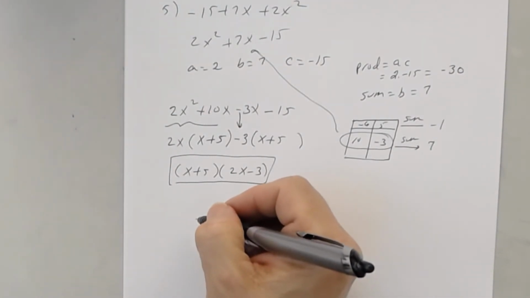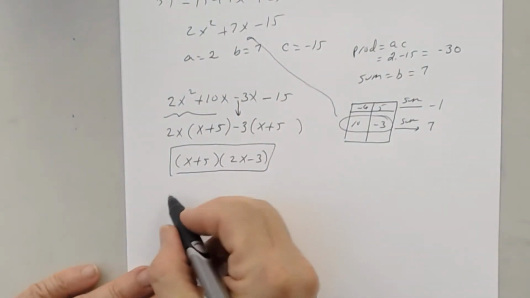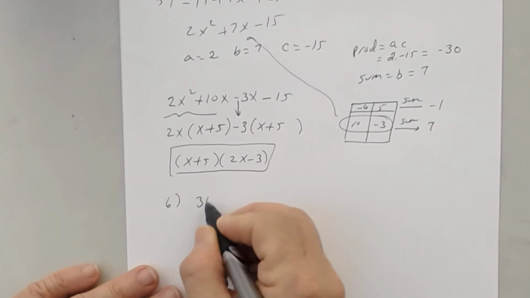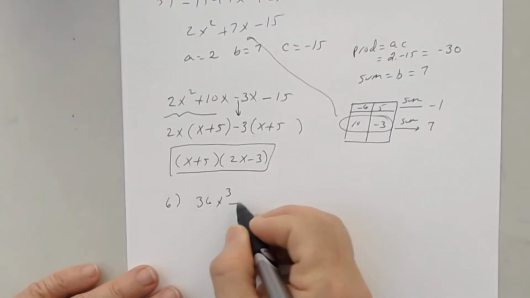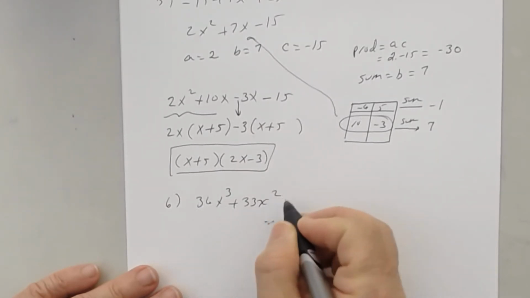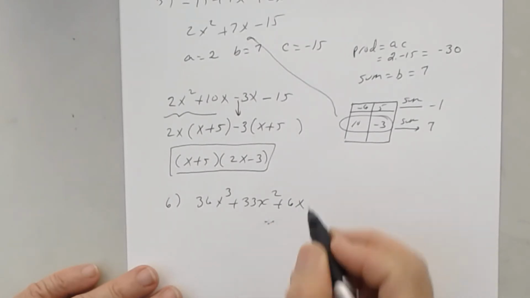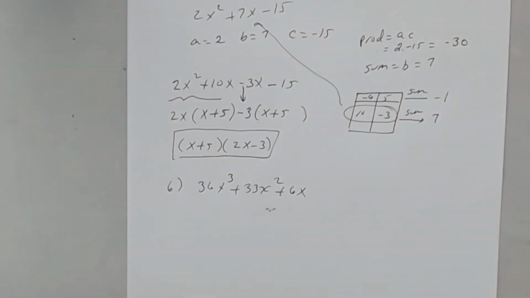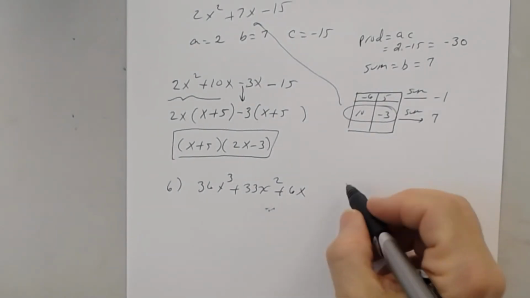All right, number 6. 36x cubed plus 33x squared plus 6x. What's the GCF?